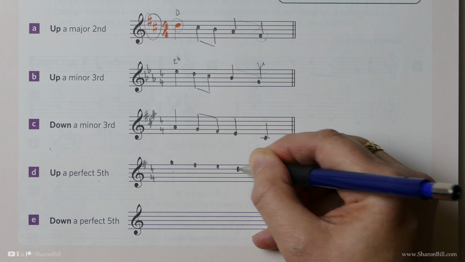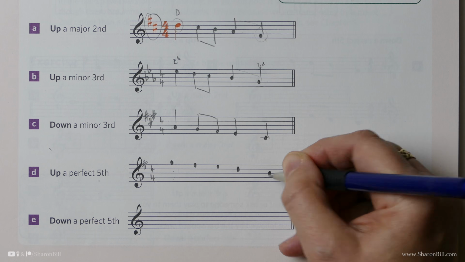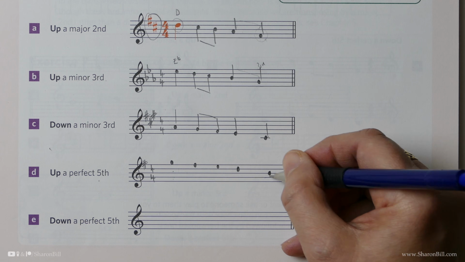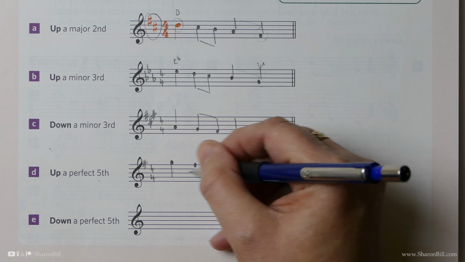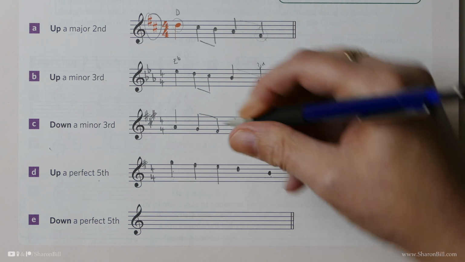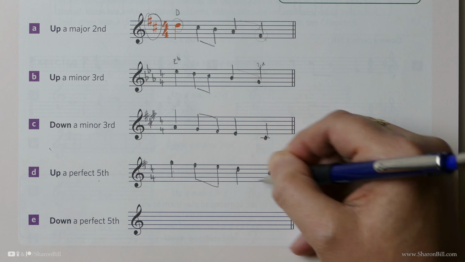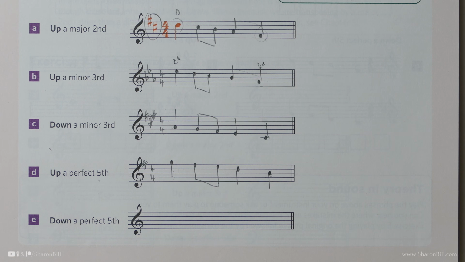So we've gone down 1, 2, 3, and that G, A, B is the 3rd degree of the scale. We've started on the tonic, gone down in step, jumped to the 3rd and finished on the 3rd degree of the scale. All of these stems could go down because they're all above the middle line. This one can go down. It could go either way, but it might as well match the rest.